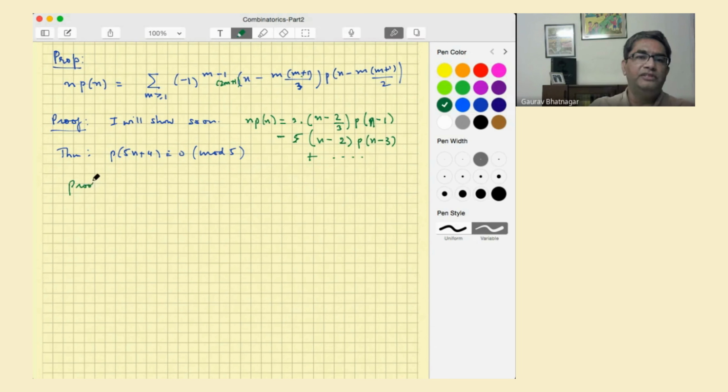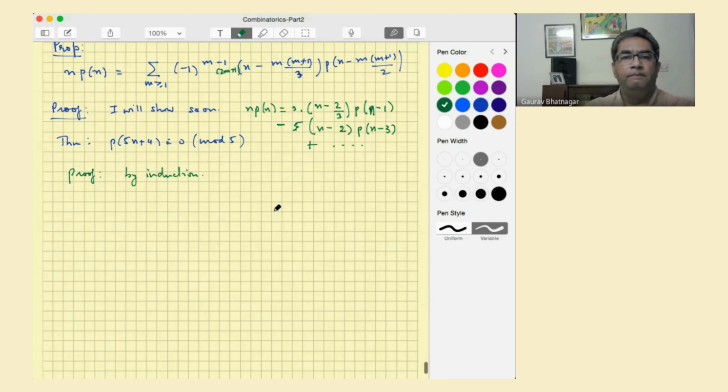So we will prove this theorem by using this proposition, and the proof is by induction. When n is 0, I replace this n by 5n plus 4 and put n equal to 0, then I will get p(4) times p(5).